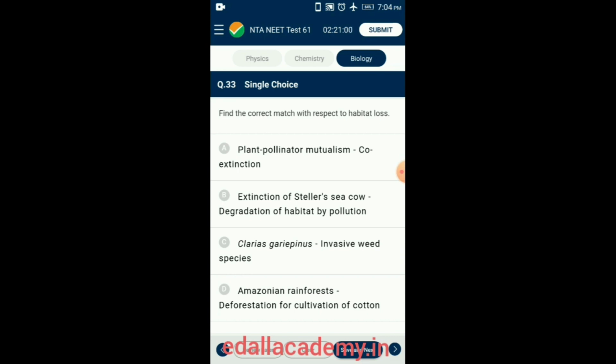Another example is the case of a co-evolved plant pollinator mutualism, where extinction of one invariably leads to the extinction of the other. So the answer for this question is option A, plant pollinator mutualism, co-extinction.